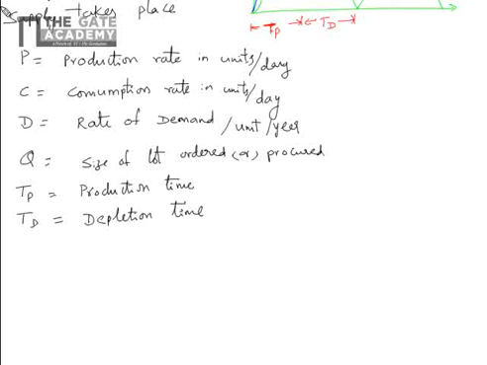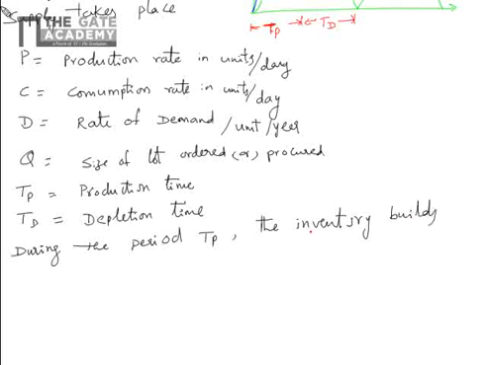During TP, the production period, the rate at which inventory builds up is P minus C units per unit time.